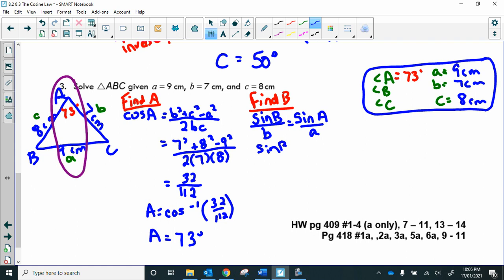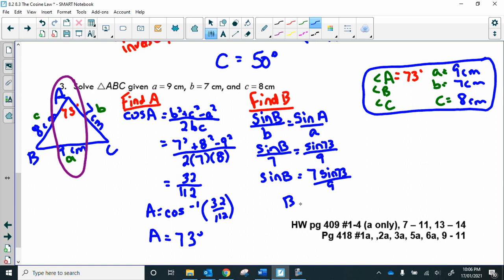When I start subbing things in, I'm going to know everything but capital B. So I got sine B over 7 equals sine 73 over 9. I'm going to want capital B all by itself. So I'm going to take that 7 and multiply it on the other side first.